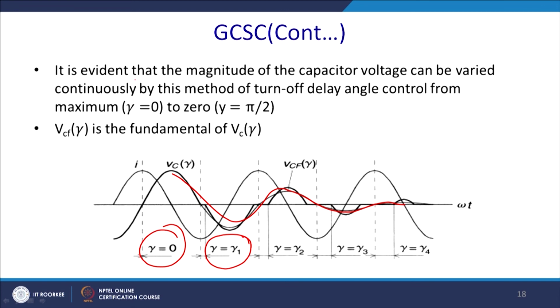So, it is evident that magnitude of the capacitor voltage can be varied continuously by the method of the turn off delay angle control with lambda from 0 to pi by 2, where effective capacitor voltage V lambda is having a fundamental value of Vc lambda.